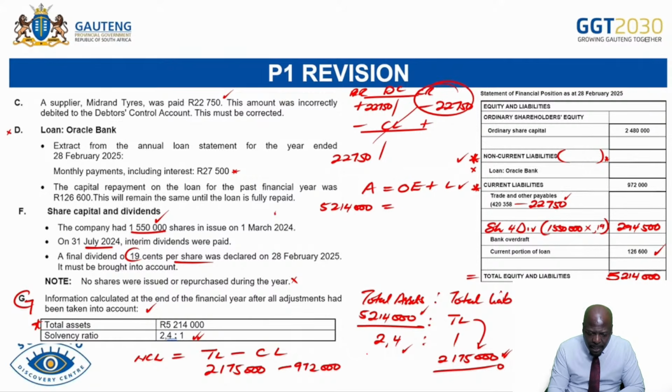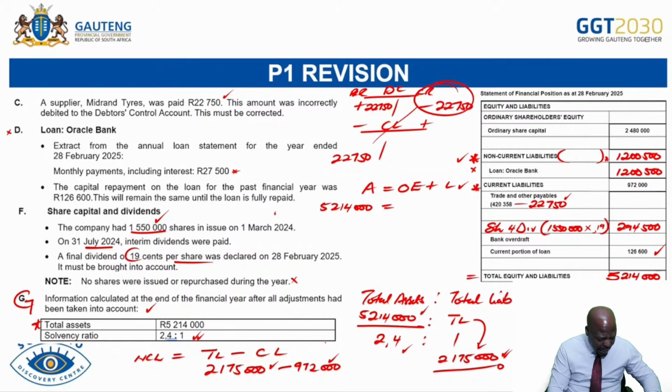That is going to give me my non-current liabilities of, there must be a 500, which is a loan, 1,200,500. So I come here, my loan is 1,200,500. That is after I've taken the difference between these two amounts.